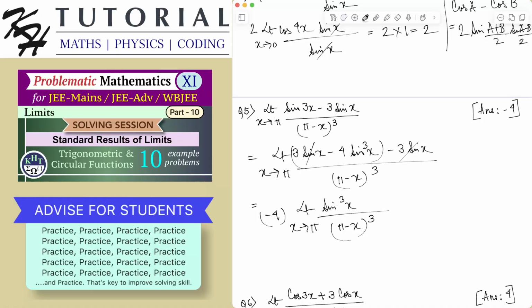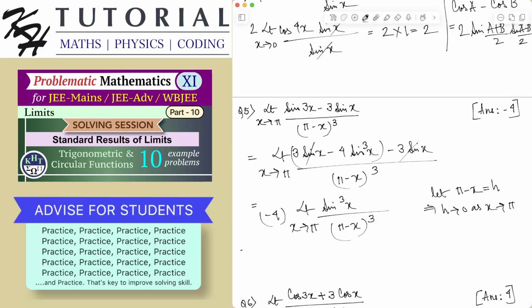So we have to now do the substitution. Remember that the standard result is sin f(x) by f(x) as f(x) tends to 0. So we have to somehow convert the tending value to 0 by substituting a variable. If we substitute pi minus x as h, then h will tend to 0 as x tends to pi.